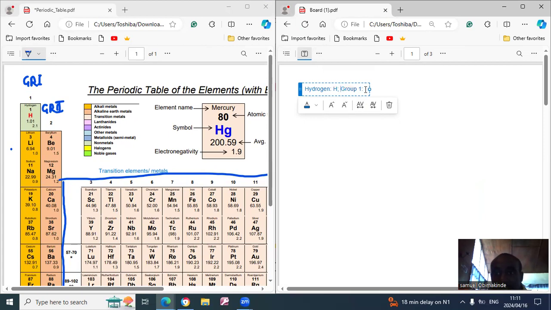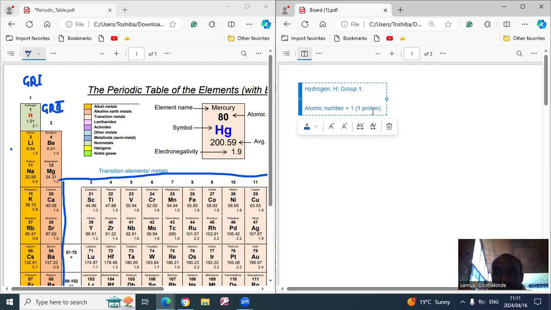It's in group 1. And now we can look at other details. The atomic number here equals this number on top, which is 1. So since the atomic number is 1, it means that it will have 1 proton in the nucleus.